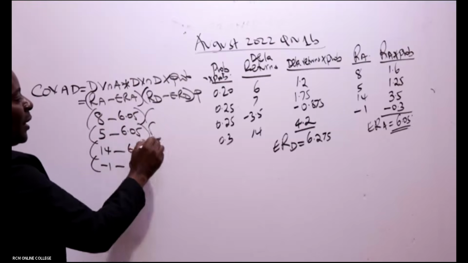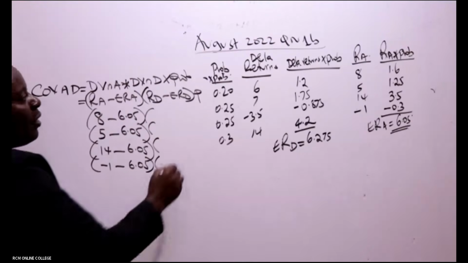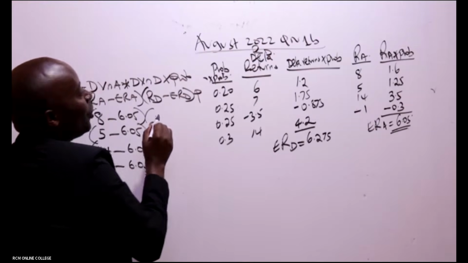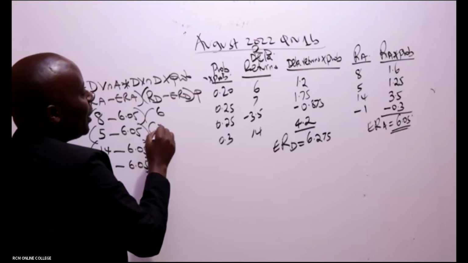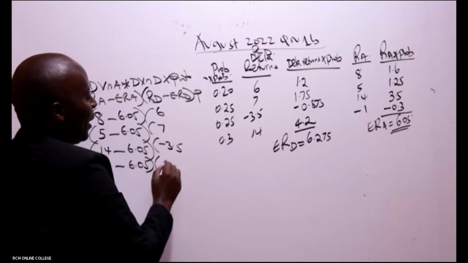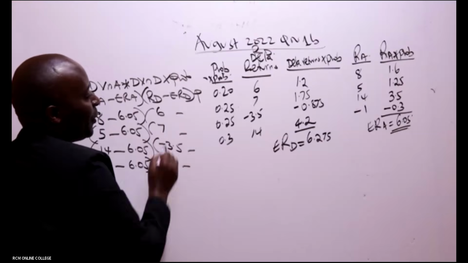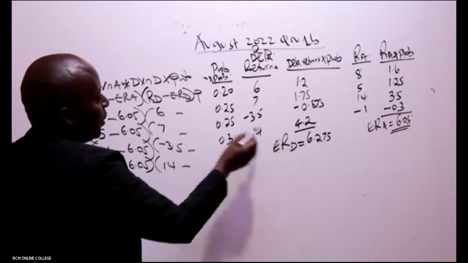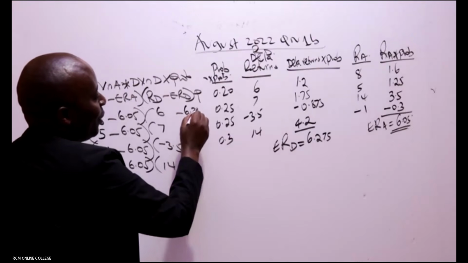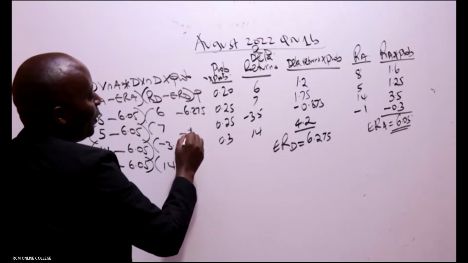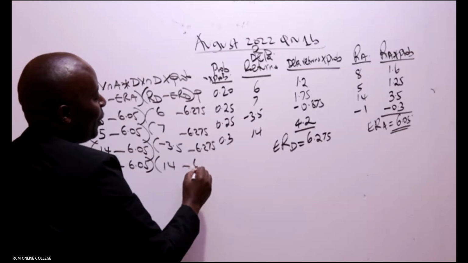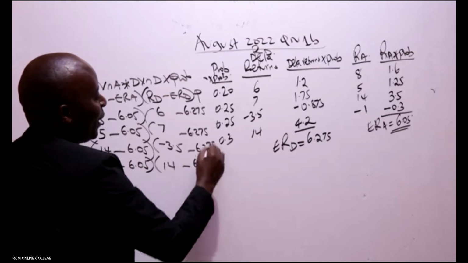And then we have returns of D: 6, 7, minus 3.5, 14, minus expected returns of D, which I can see is here, 6.275, 6.275, 6.275, 6.275.